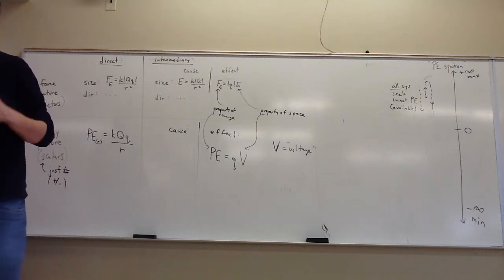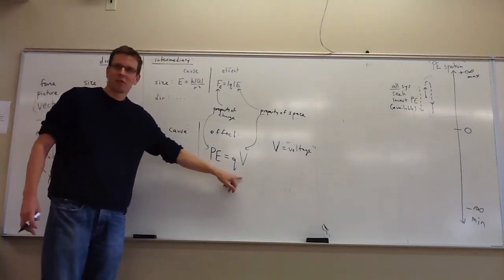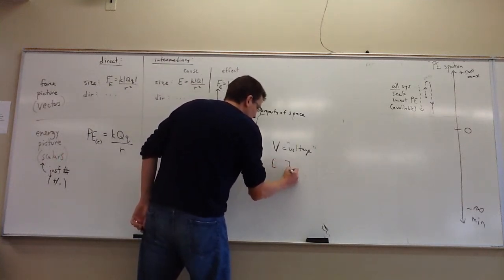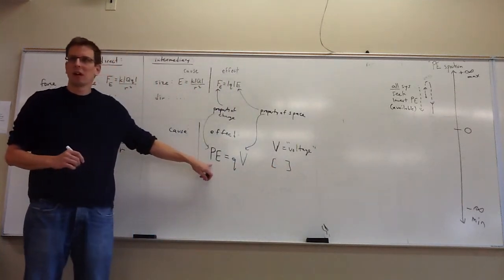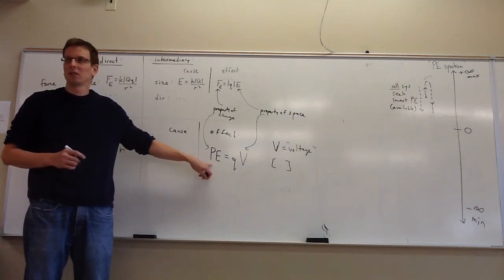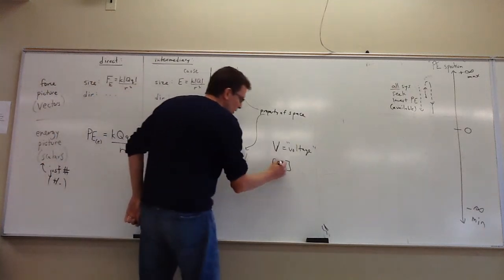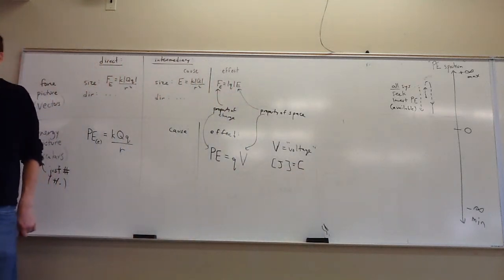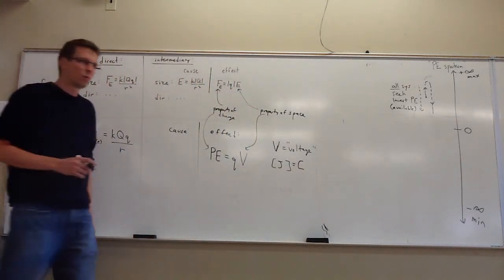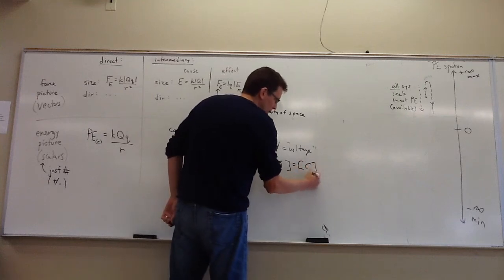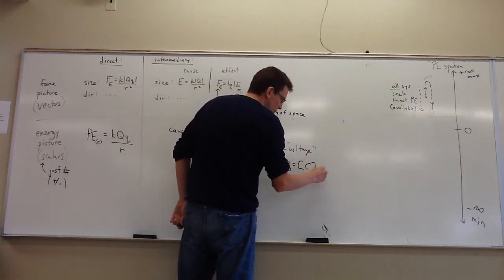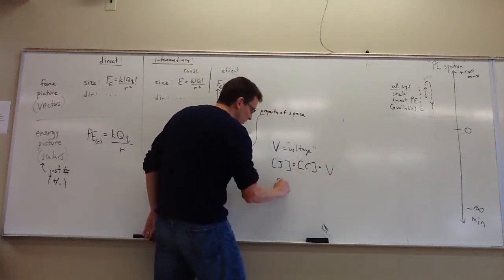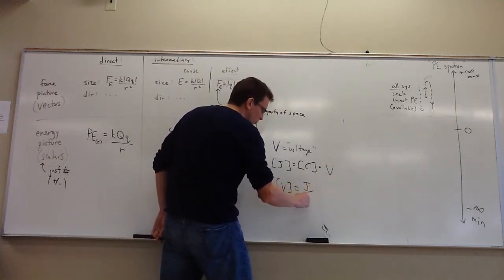Now before I move on to the cause side, let me just look at the units of this equation. The units of potential energy, or any energy, is what? Joules. And the units of charge are coulombs in SI. And so, the units of voltage times charge being energy, we can figure out the units of voltage are joules per coulomb.